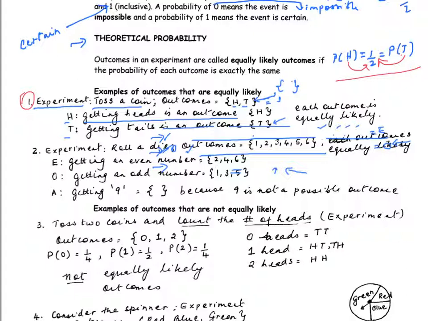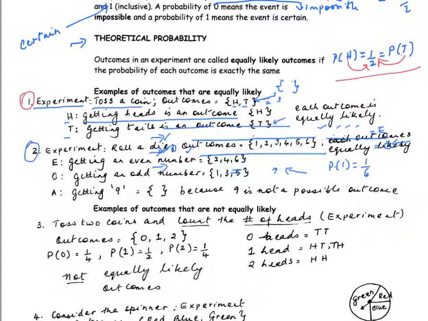In the second experiment, look at it once again. We're talking about rolling a die. The outcomes are 1, 2, 3, 4, 5, and 6. Now, the probability of each outcome is, let's say, for example, 1 is equal to 1 out of 6, because any one of these could happen, and the chance of each one happening is exactly the same.